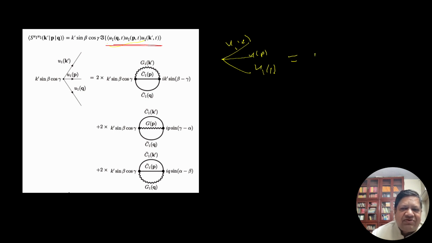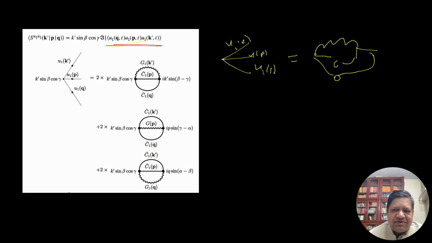So let's expand the first one, Green's function, and 2 legs. What should I do? If I don't join them, then it is 0. For most of the combinations it is 0, but for one combination, when I combine this guy with this guy and this guy with this guy, it becomes non-zero, because this product is the correlation function. So that's what you got here.